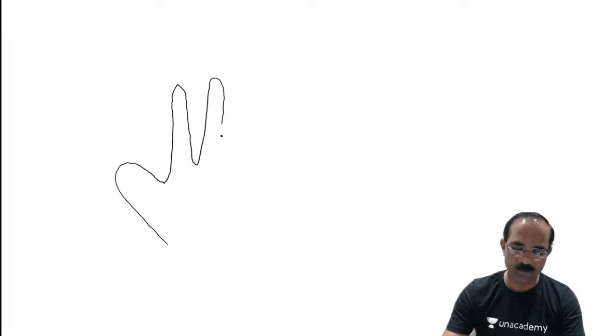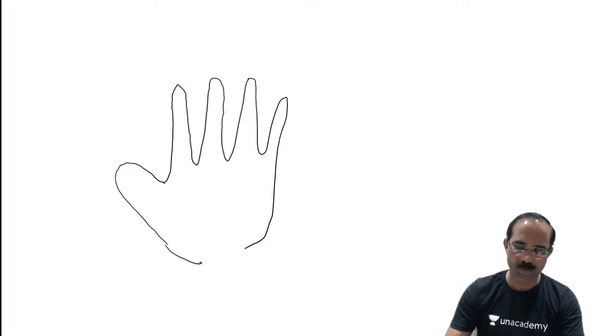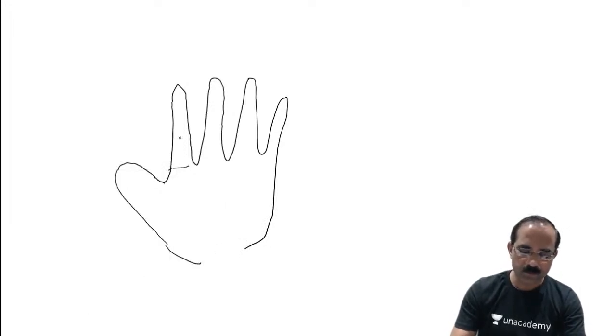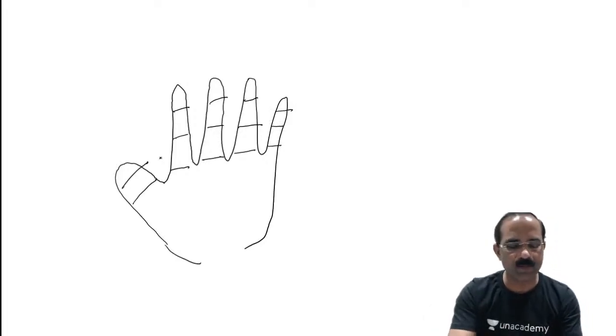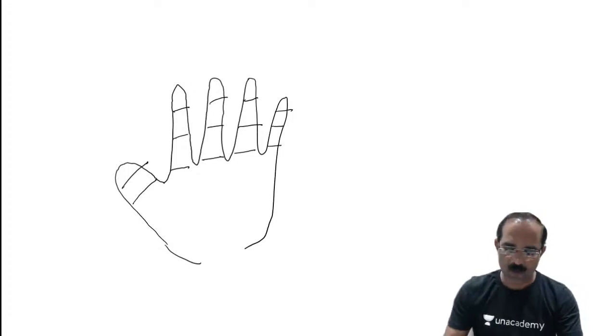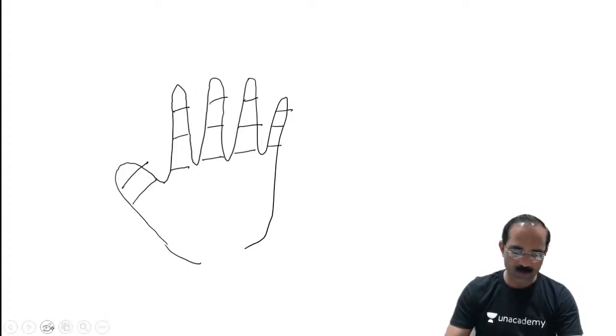Okay, just quickly answer this. Proximal, middle and distal phalanx, proximal and distal phalanx. Okay, understand this now. So the tendon of flexor digitorum superficialis. Now flexor digitorum superficialis has 4 tendons.